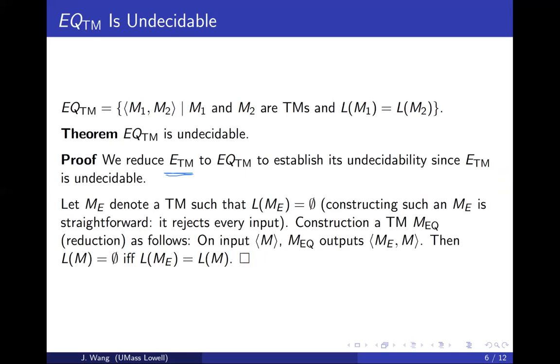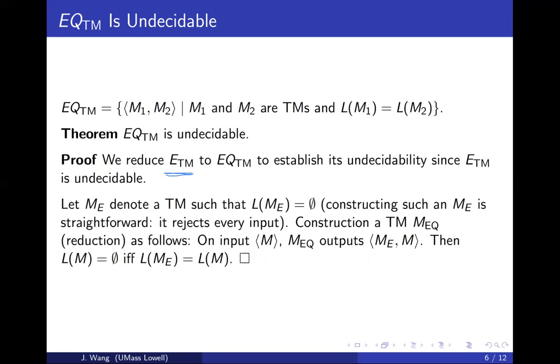We let M sub E be a Turing machine that accepts nothing. In other words, it rejects every input, so the language accepted by M sub E is empty. Now we construct a Turing machine M sub EQ as the reduction.